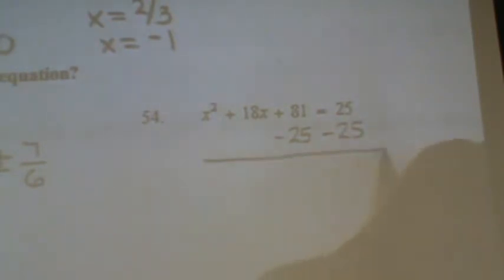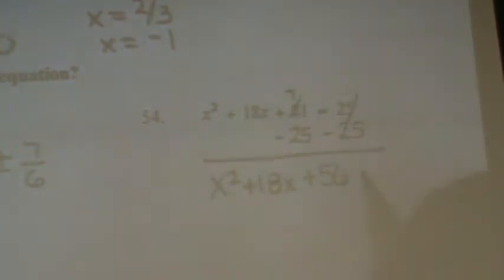And for this one, 54, what should you do? Subtract 25. What do you get? x squared plus 18x plus 57. No. This is going to be a 7, 56.